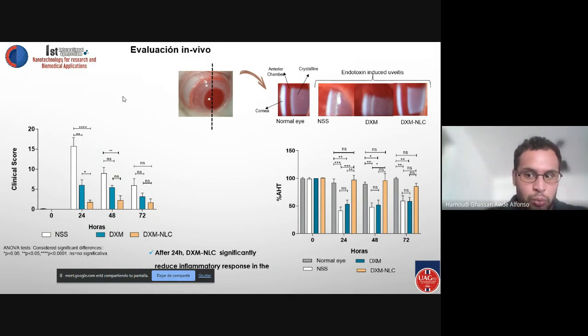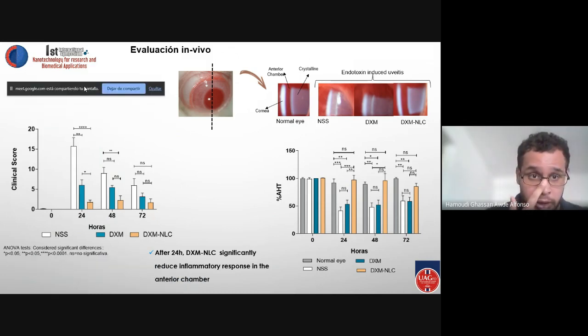After that, we took pictures of the eye using specialized equipment. We had the help of an ophthalmologist of our group, who used a special lamp that allows us to take pictures of the anterior chamber.